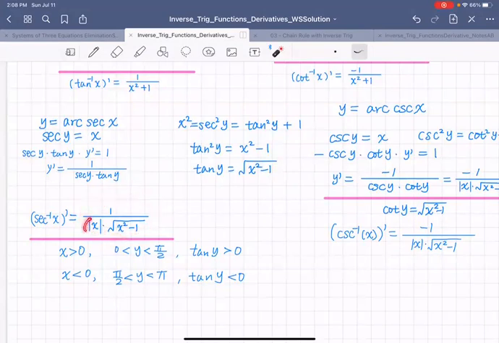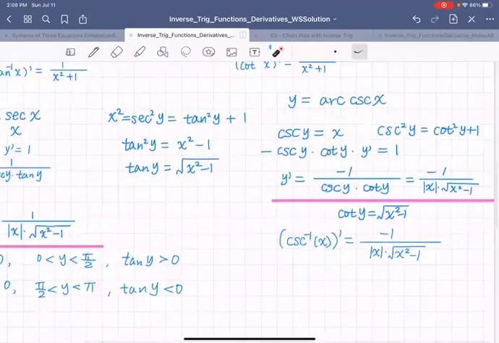So you need to guarantee this is positive always, no matter what, okay? So you have to leave an absolute value here. If you don't have the absolute value, this one is always positive, but this one, when x is negative, becomes negative, then this derivative value will be wrong. You need to leave an absolute value over there.